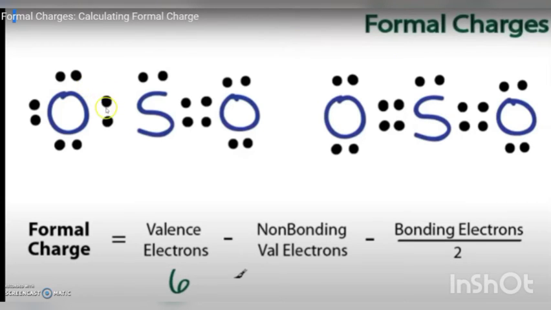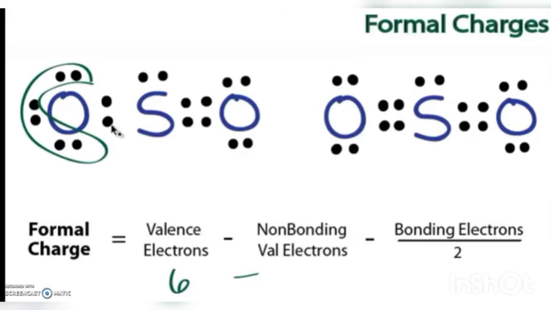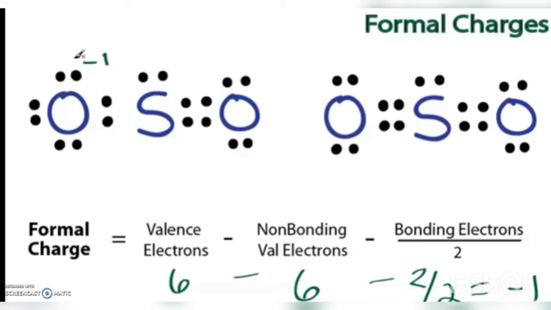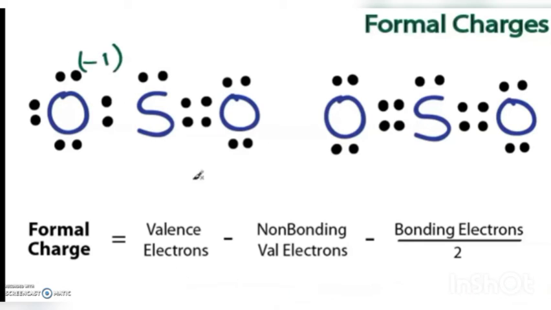Totally 8 electrons are there, and these are the non-bonding electrons: 1, 2, 3, 4, 5, 6. So the non-bonding valence electrons are 6. How many bonding electrons? 2, so 2 by 2. 6 minus 6 is 0, 0 minus 1 is minus 1. So the charge on this oxygen is minus 1.